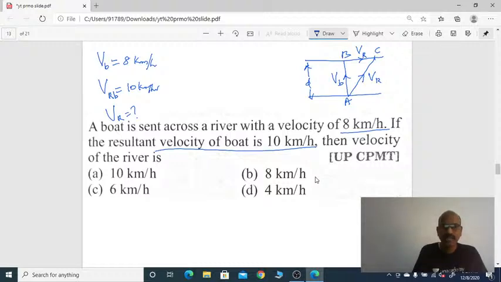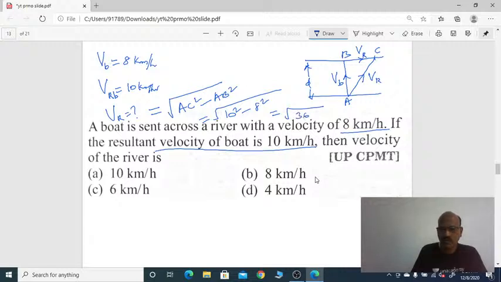Velocity of river equals square root of AC square minus AB square, which is 10 square minus 8 square. Root 100 minus 64, root 36, that is 6 km per hour. So the correct option is 6 km per hour.